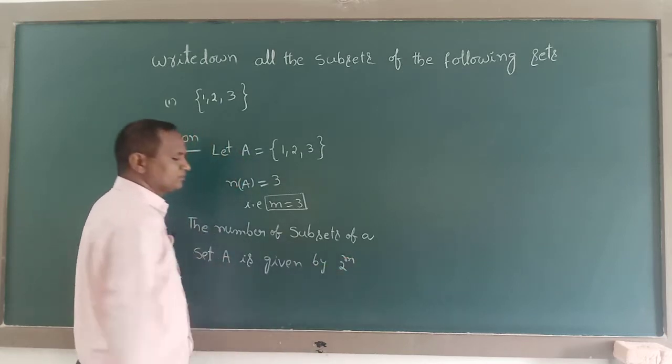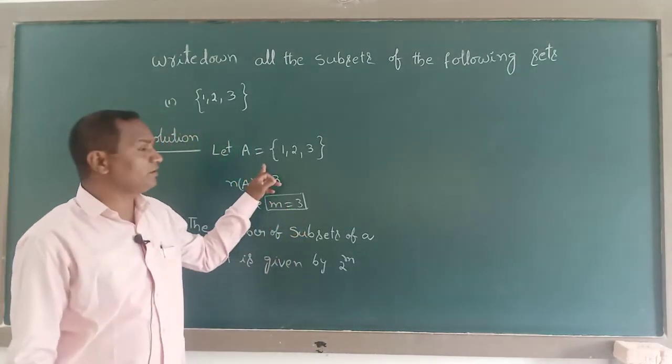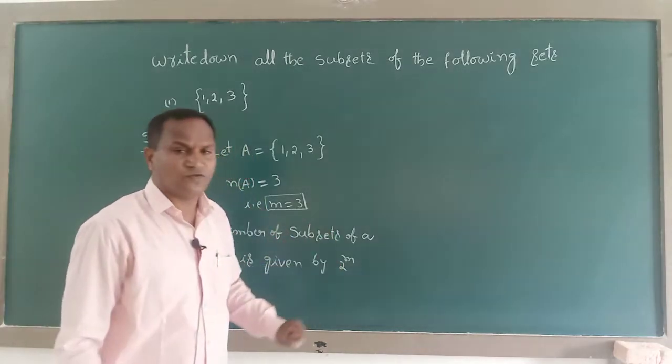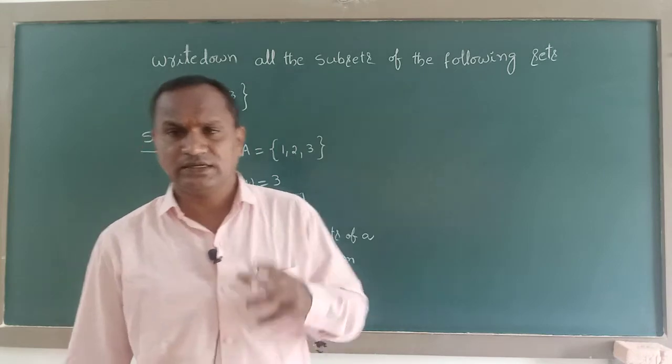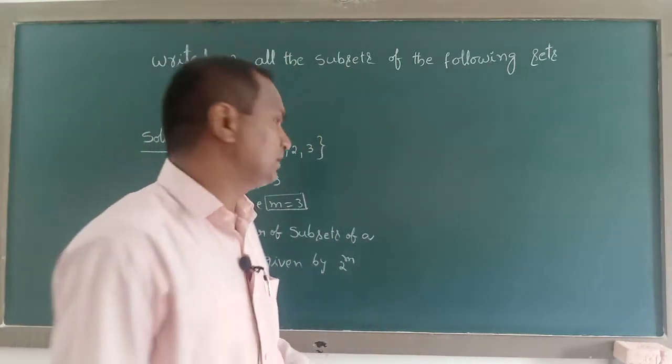It's the number of subsets formula. m means the cardinal number of the given set. Here m is equal to 3. Based on that formula, we are going to find the subsets of a given set, and finally list them also.